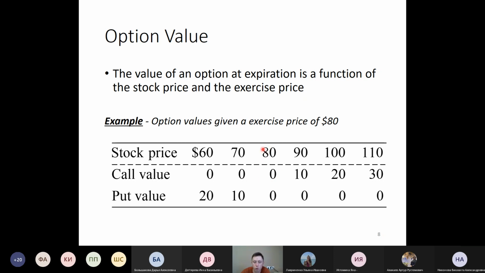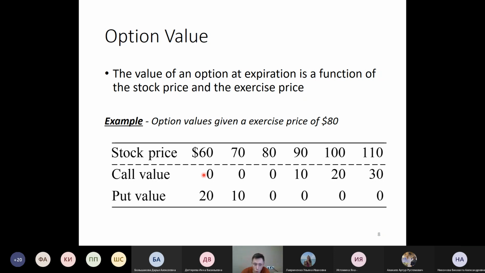It is so far a simplified model, because also we have to introduce the price of the option itself. But anyway, the tendency holds as we have an option which exercise price of 80, and if the market price is lower than the 80, then it makes no sense to exercise this option.